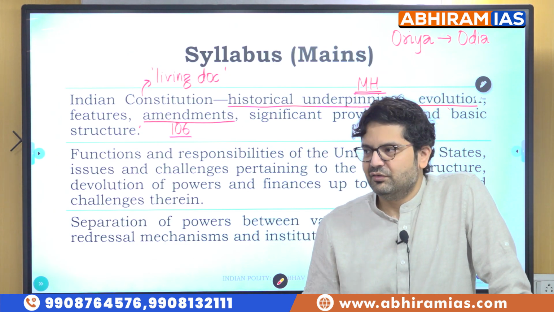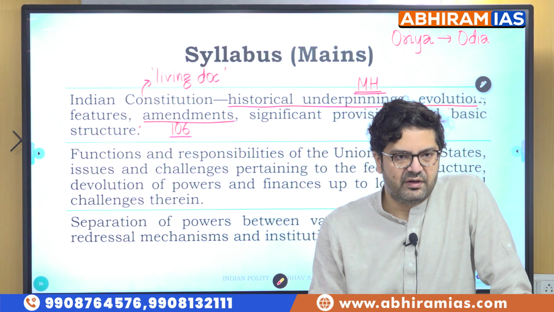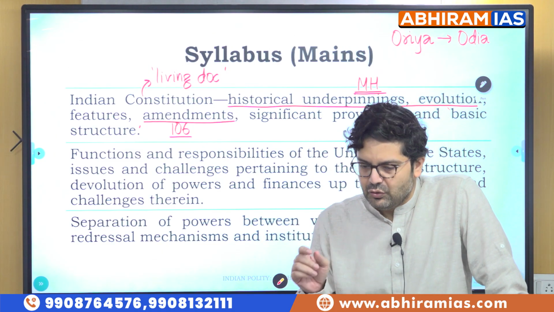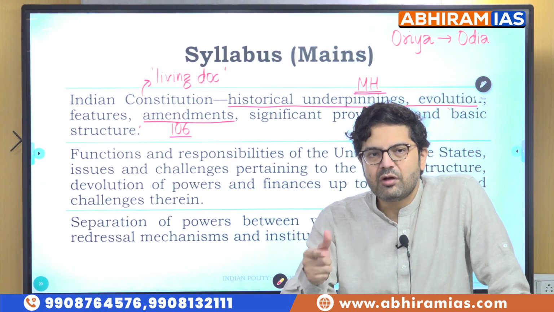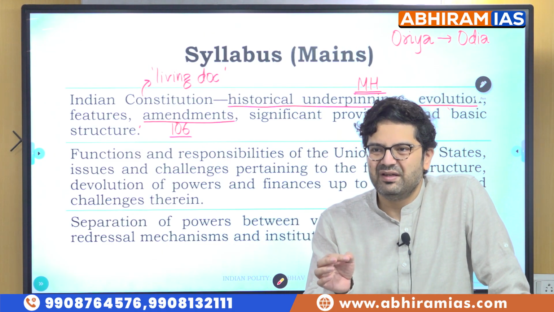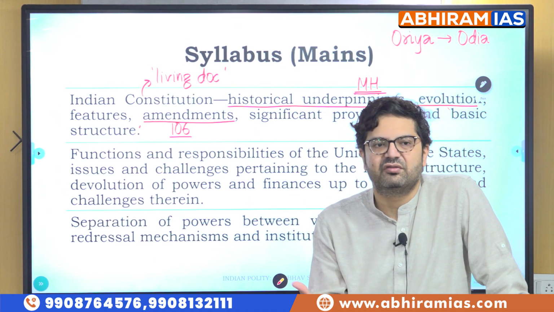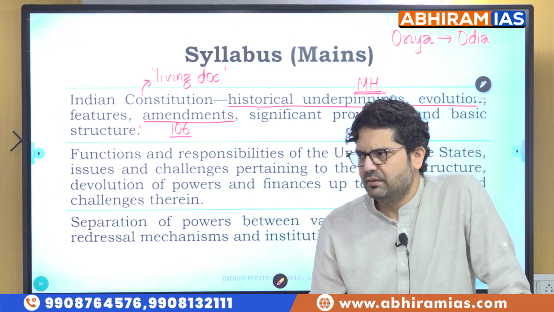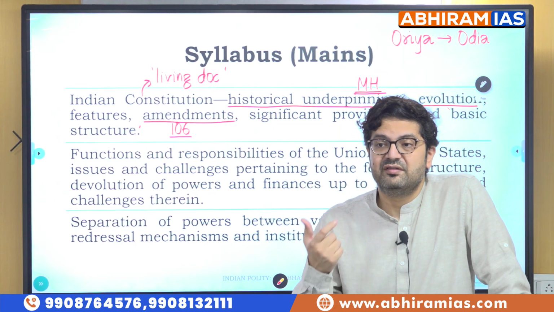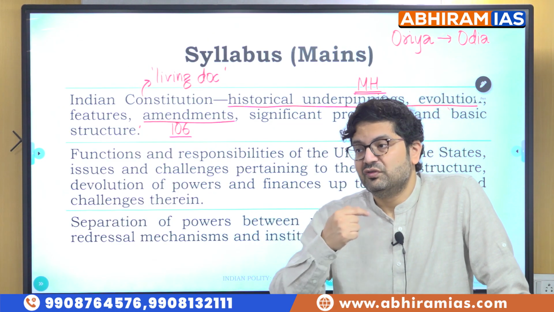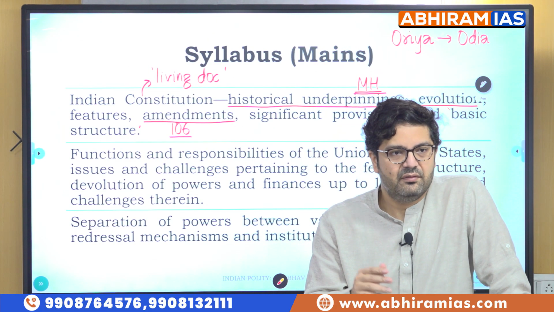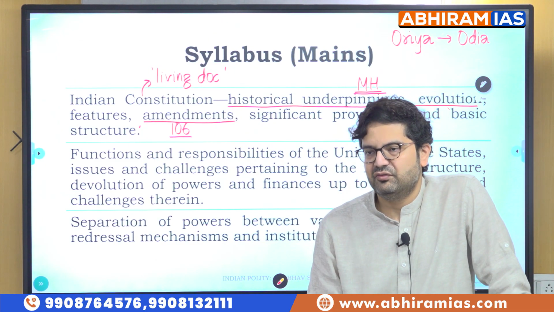No. You are agreeing that some things can't be modified. Other things can be modified. Those things which cannot be modified are called basic features. And collectively, all such things are called basic structure. That's it. But how did this basic structure concept come into picture? What are those things that can't be modified, etc.? We'll discuss under the topic of basic structure.